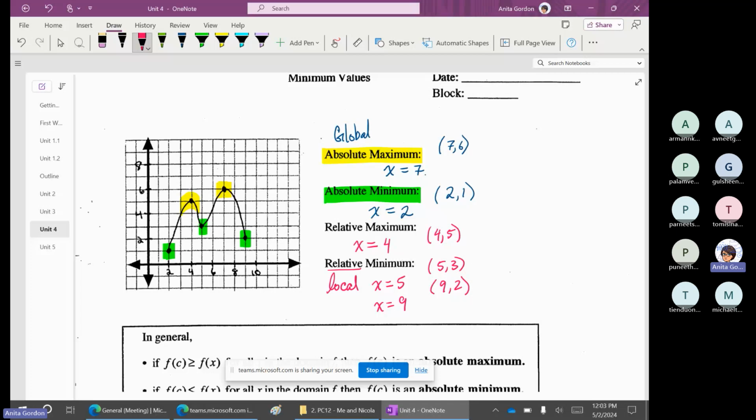Yes. Like in positive x and positive y. Does the absolute maximum and minimum mean that it can also be like negative y-axis? No, it has nothing to do with that. I know, the English language is fun, isn't it? This is why I prefer to use the word global, because I mean the topmost y value. Where does that occur? In this case, it occurs where x is 7.